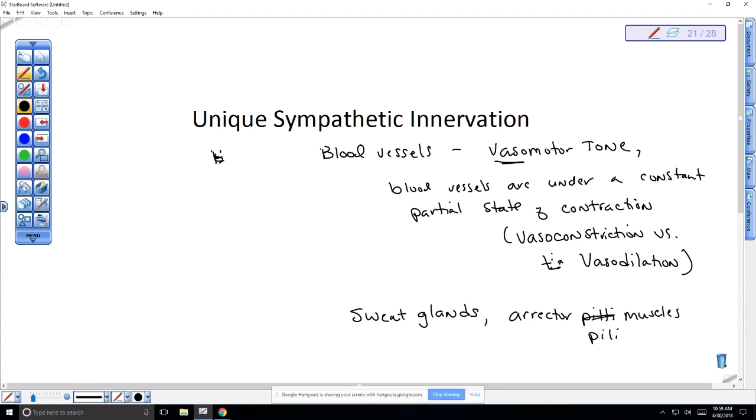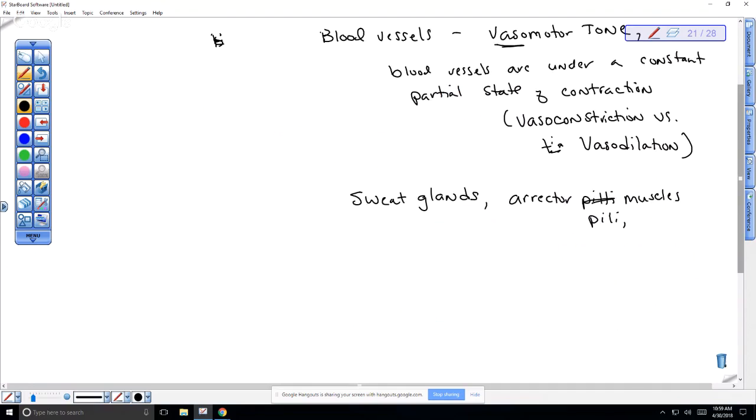And then the other thing would include the adrenal gland. We're going to talk about the adrenal gland after the midterm, because we were going to talk about it as an endocrine gland. But part of the adrenal gland is actually nervous tissue, the inner part, which is called the adrenal medulla.